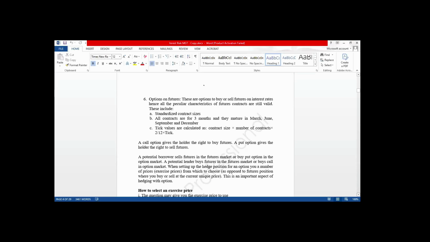We have standardized contract size. The contract must be a whole number. You cannot do fractions. All contracts are for 3 months: March, June, September, December.